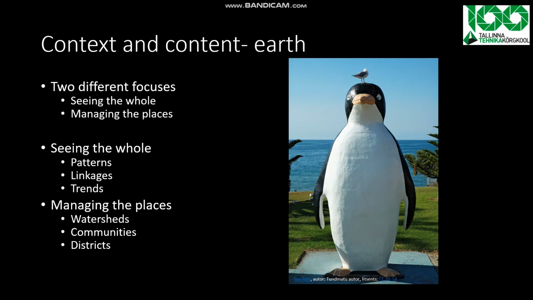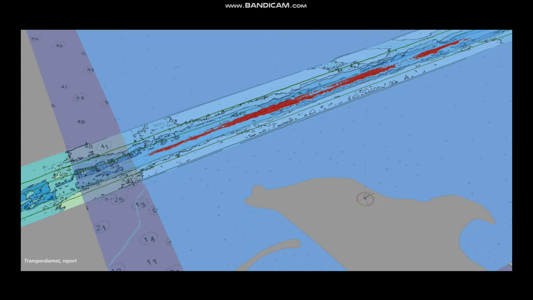Seeing the full picture is more about patterns, linkages or trends, how the world is changing, what behaviors we could see, and managing places is more of a zoomed-in way of seeing it. We are managing watersheds or communities or districts.